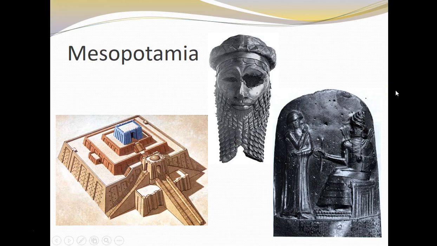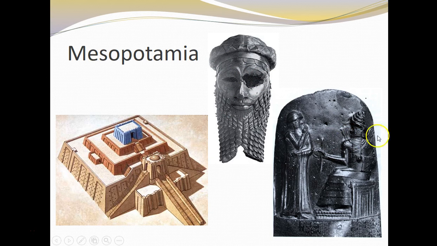In Mesopotamia, you'll remember things like Sumer, around 3000 BC. We have things like ziggurats that developed. This one's the ziggurat of Ur. You get some great kings eventually ruling over city-states or civilizations. This figure right here is Sargon of Akkad.